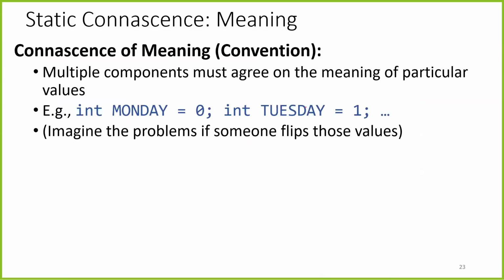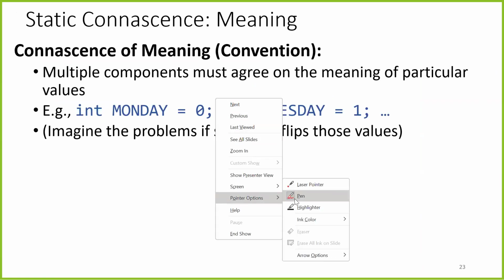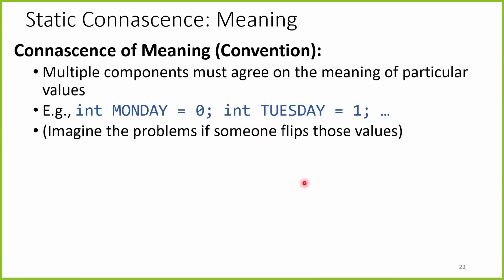What is connaissance of meaning? For instance, multiple components must agree on the meaning of a particular value. Let's say you define Monday to be 0 and you define Tuesday to be 1. If you do that, all the other components that use your API or the component that you define must agree that 0 means Monday and 1 means Tuesday, right?